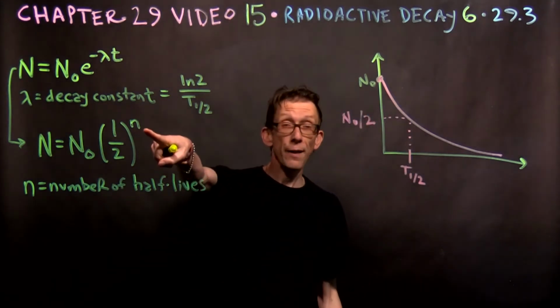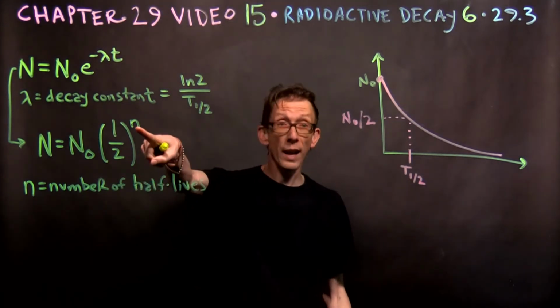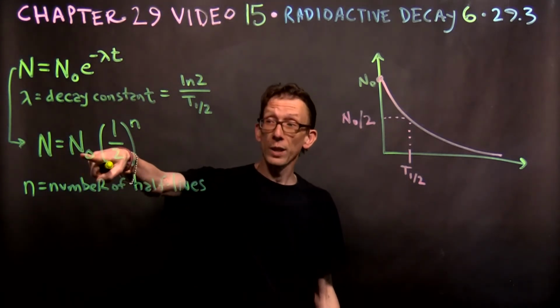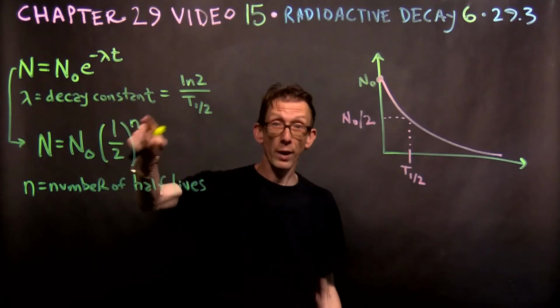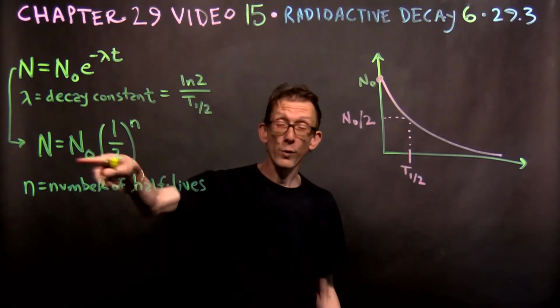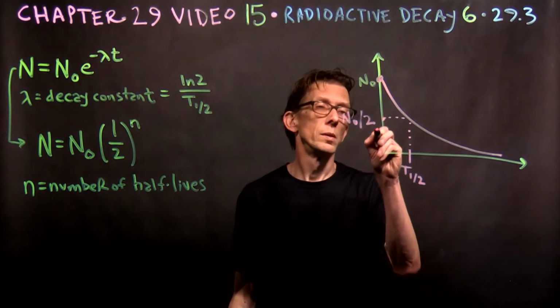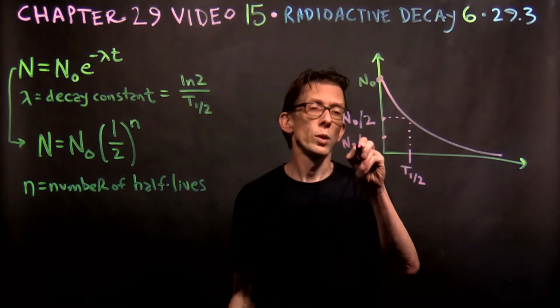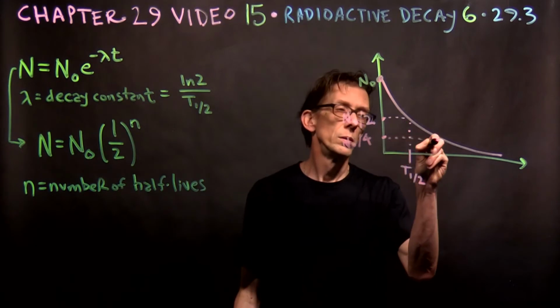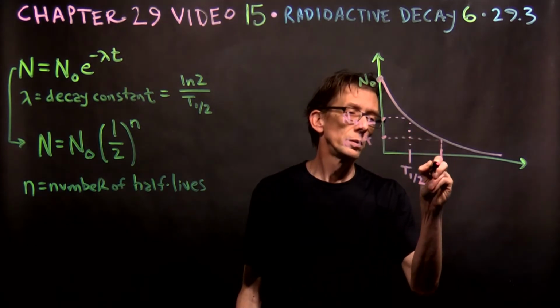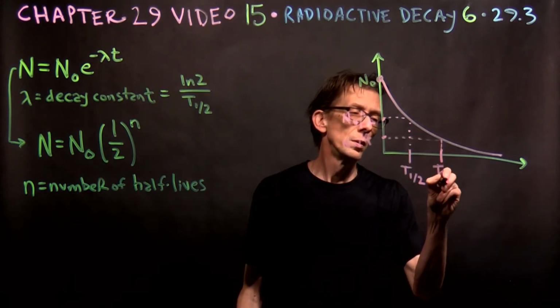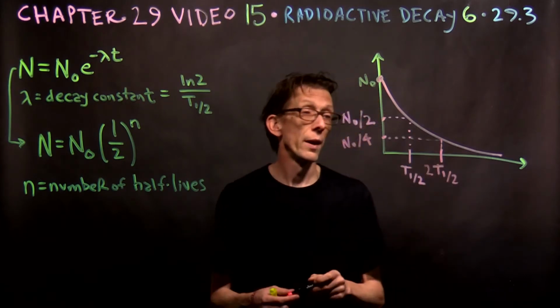After 1 half-life, where little n is equal to 1, N equals N naught over 2, because 1/2 to the 1 is 1/2, so N naught over 2. After 2 half-lives, you're down to N naught over 4. That is 2 half-lives, and so forth.